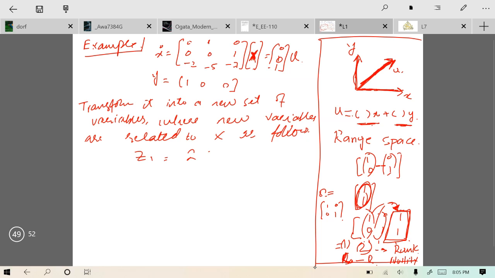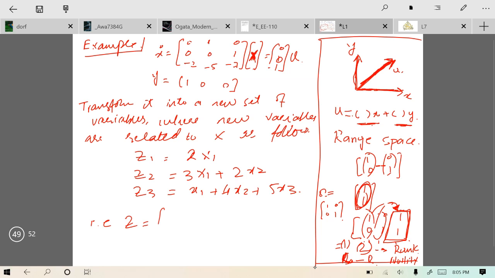Their relation is given: Z1 is equal to 2x1, Z2 is equal to 3x1 plus 2x2, and Z3 is equal to x1 plus 4x2 plus 5x3. That in matrix form, I can write as Z is equal to [2 0 0; 3 2 0; 1 4 5] into x. This matrix is actually Q inverse.